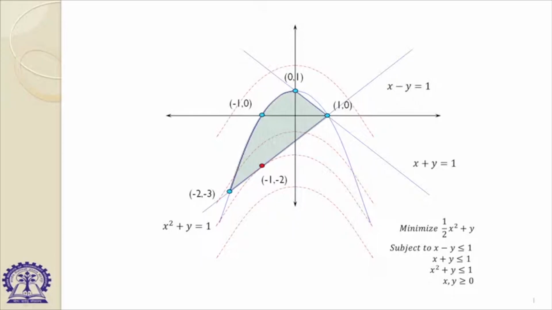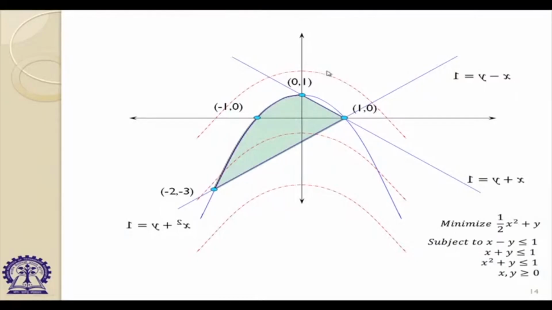Now, the objective function is moving. That is why, what is that? The problem is a minimization problem. That is why if I move this way, then I will get a better value of the objective function. If I move to the lower side, I will get a lower value of the objective function. That is why the gradient is this way, and since this is a minimization problem, I will move reverse to the gradient direction because that will best satisfy me.